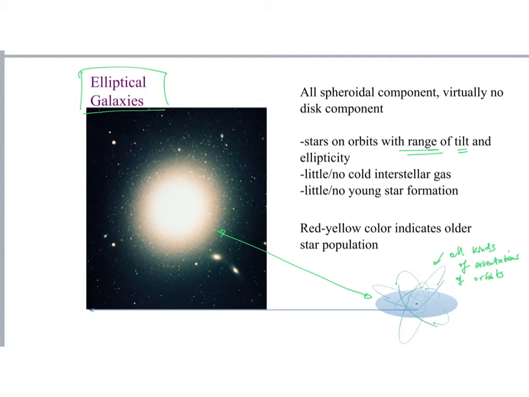There's no disk, basically, in these elliptical galaxies. They're all spheroidal component, okay? And also, there is no interstellar gas. So basically, no molecular clouds, and therefore, no young star formation. Therefore, they're red or yellow color because we have older stellar population, right?